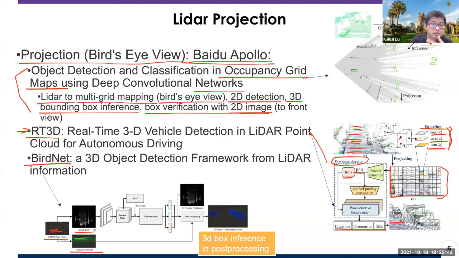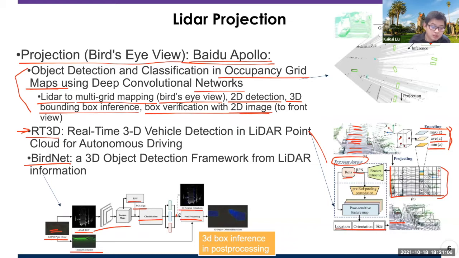The LiDAR bird's eye view is similar to the other approaches. Get a feature map, like a 2D detection, 2-stage detector: RPN, region proposal network, get an ROI, then do the classification. Then finally, they do the post-processing, and in this step they already get the 2D aligned detection.